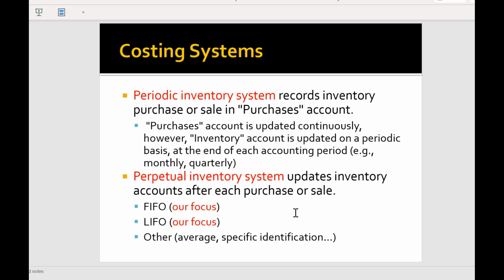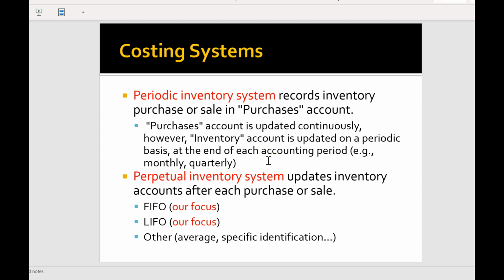In costing systems, there are two different types of costing systems. One is the periodic inventory system, in which we only record the inventory purchases or sales in the purchases account. So the purchases account is updated continuously. However, the inventory account is not updated until the end of the period.